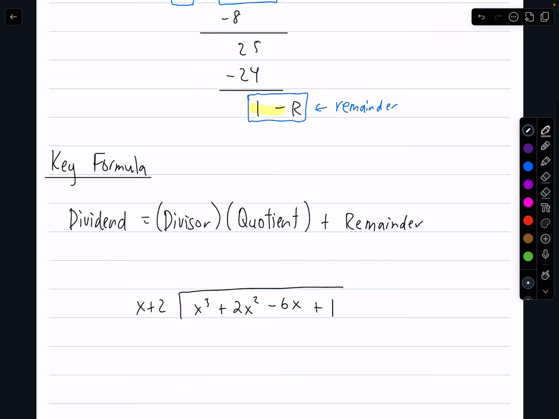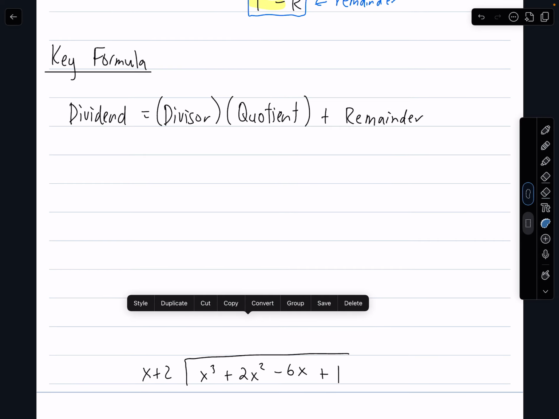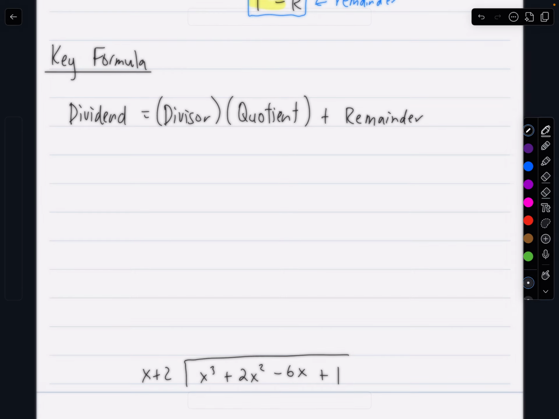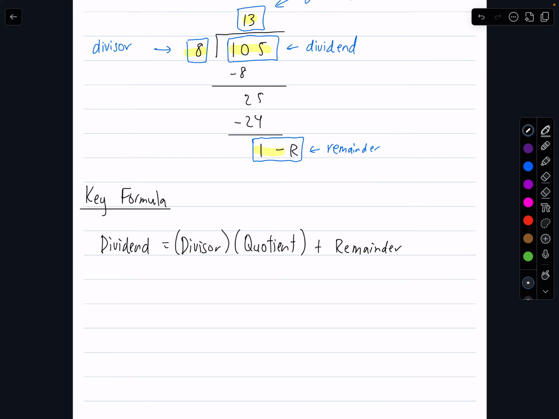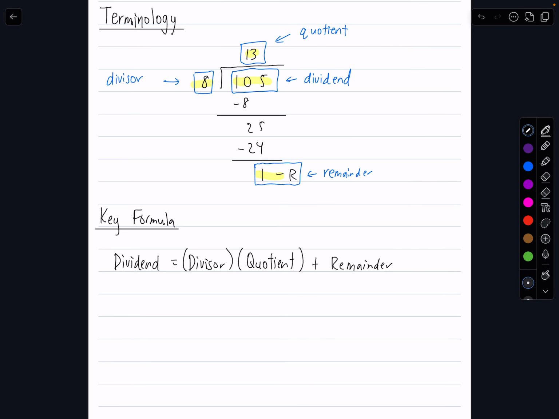If you look at this, I'm just going to keep moving this down because we're going to get to the polynomials in a bit, but this is very fundamental in understanding this. The dividend, which is 105 in this case, is going to be equal to the divisor, which is 8, times the quotient, which is 13, plus the remainder, which is 1. So if we use our calculators, 8 times 13 will give us 104, plus 1, which is 105.